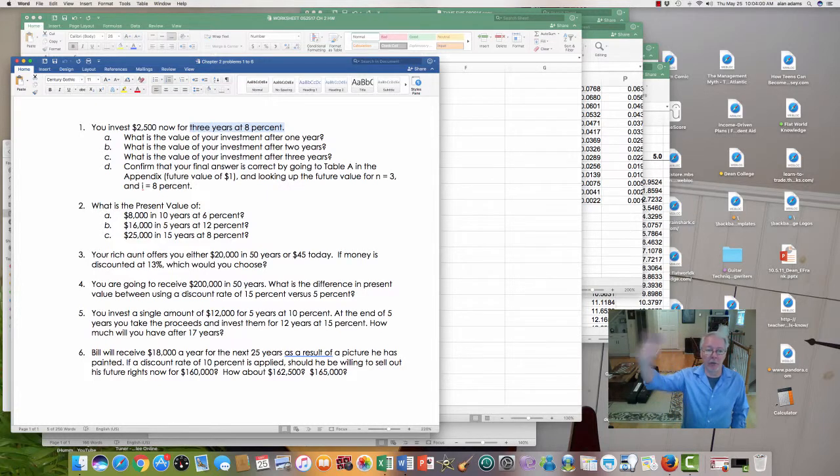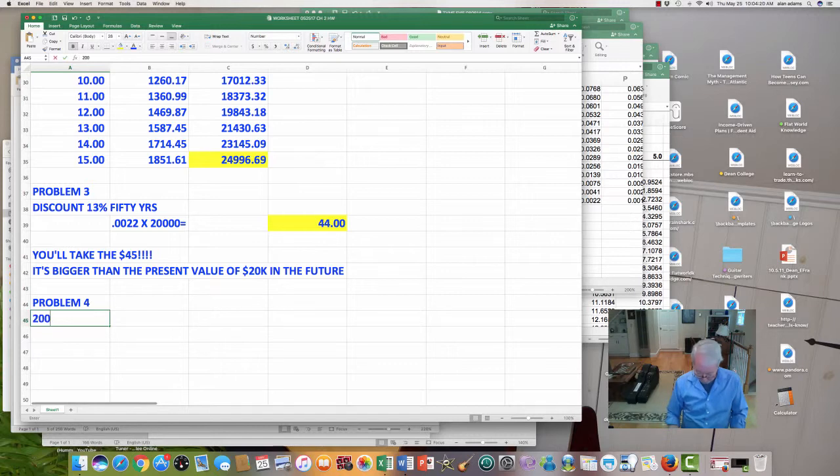In other words, that $200,000 50 years from now, how much is it worth today? What's the difference if you discount it at 15% or at 5%? Whenever you do an either or, you do it both ways and then compare the two numbers and answer the question. So, it's $200,000 in 50 years.